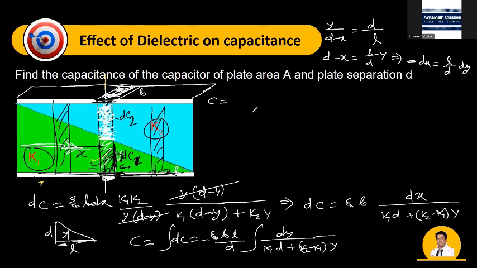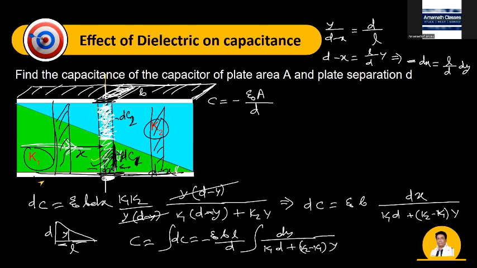Now C is equal to epsilon naught B into L, which is nothing but the total area of the plate, because the total area is breadth B and length L, divided by D, and the integration of this part.